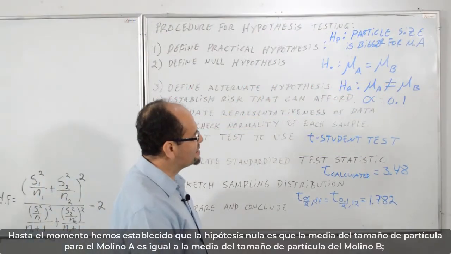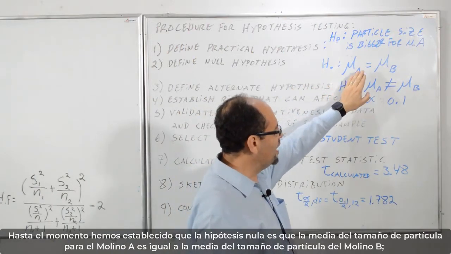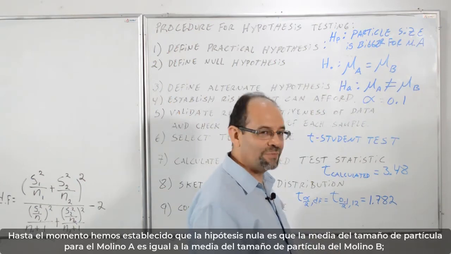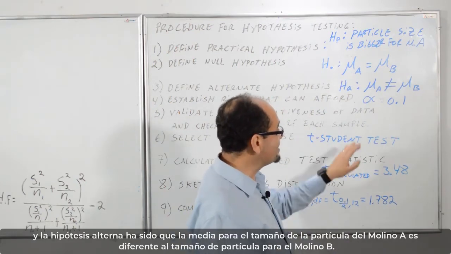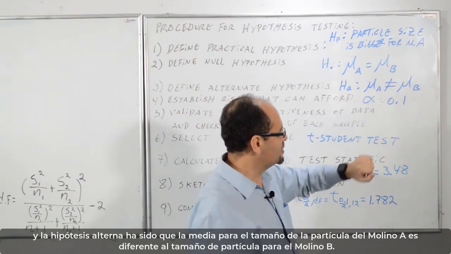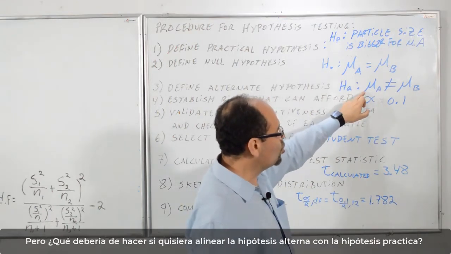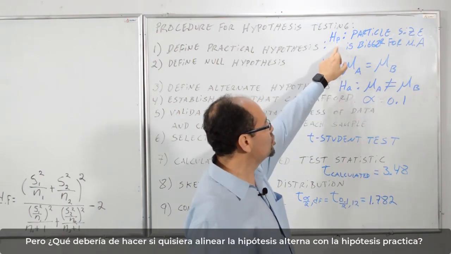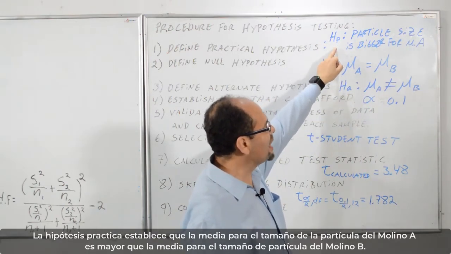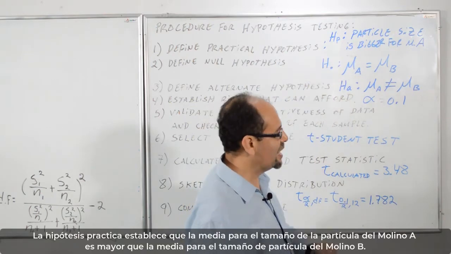Previously we established that the null hypothesis is that the mean of particle size for Miller A is equal to the mean of particle size for Miller B, and the alternate is that the mean for Miller A is different than the mean for Miller B. But what if I want to align the alternate hypothesis to the practical hypothesis, and the practical hypothesis states that the mean of particle size for Miller A is greater than the mean for particle size of B?